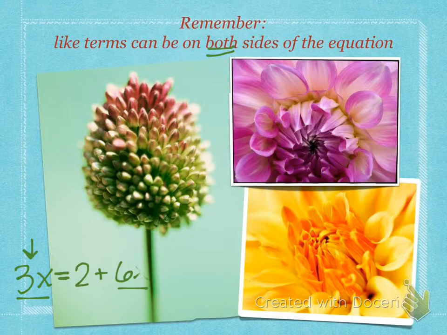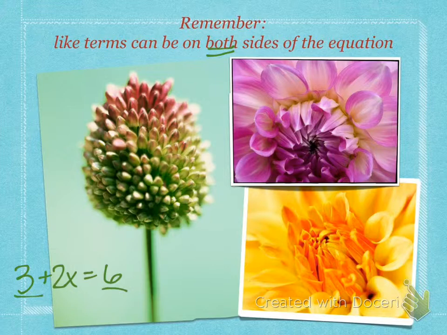Another good one that people get confused on, they go, hold on a second, what do you mean? If I had this problem, what are my like terms in this problem? 3 and 6.